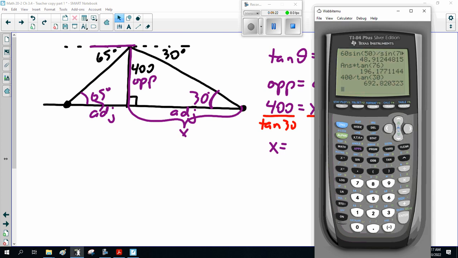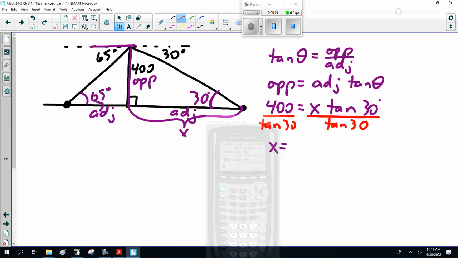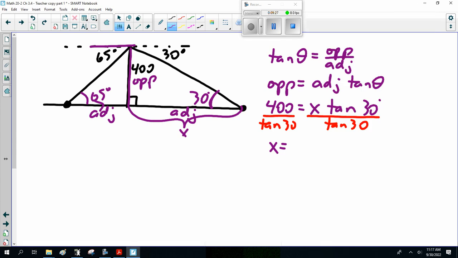That's 692.8 meters. So this is 692.8. Now, what about over here?